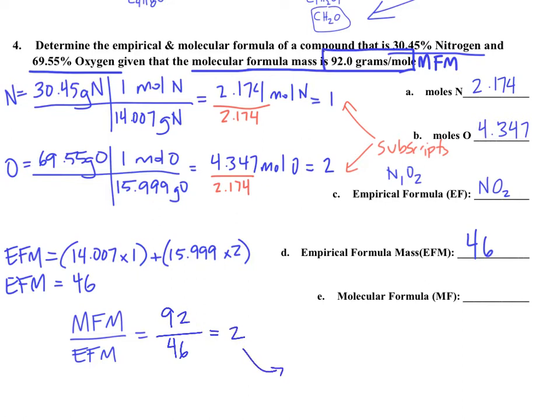So now what I do is I take that 2 and I multiply it by my empirical formula, which is N1O2. So 2 times 1 is 2. 2 times 2 is 4. So I get N2O4 as my molecular formula.